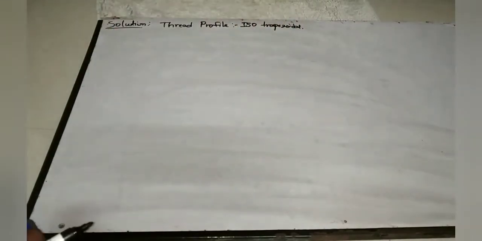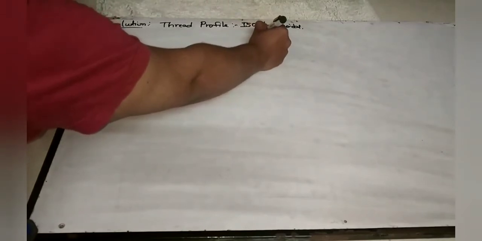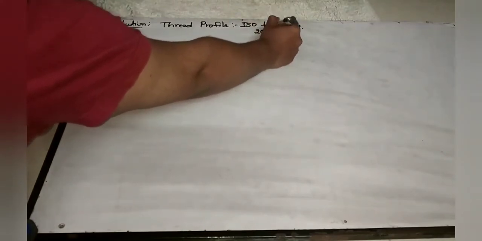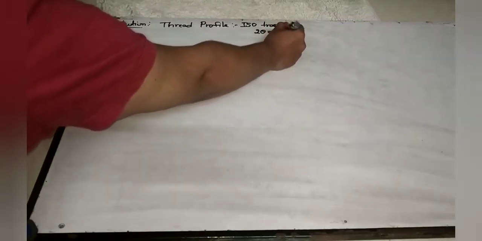So this thread has been given. So what is the thread angle for such type of threads? 2 theta is equal to 30 degrees. So this we know.